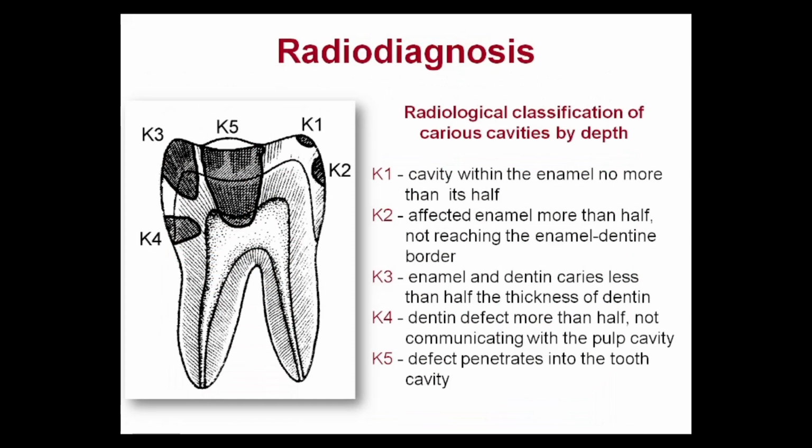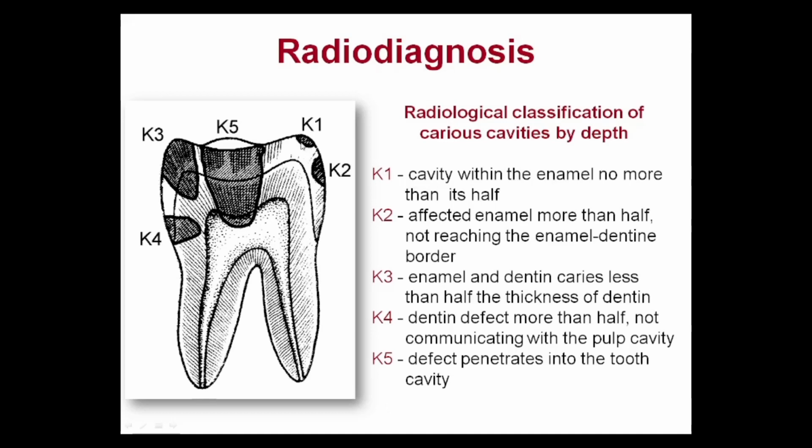And radiological classification of caries cavity by depth. We use it when we characterize caries process, different caries classes. So K1 first. K1 is cavity within the enamel no more than its half.